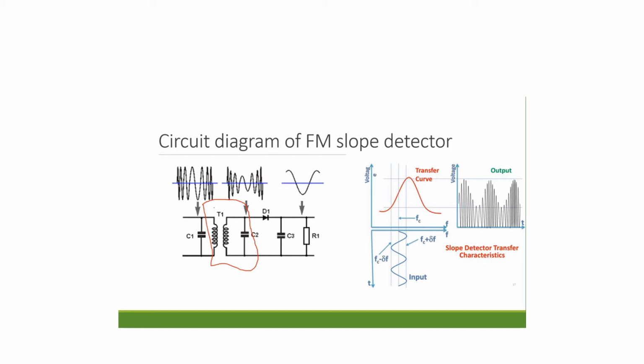This tuned circuit works as a differentiator. We know that the circuit of envelope detector is a diode followed by a capacitor and a resistor. So this is envelope detector and this is a tuned circuit which is a differentiator. So it is our block 1 and this is our block 2, which is envelope detector. This is actually the circuit diagram of our FM slope detector.